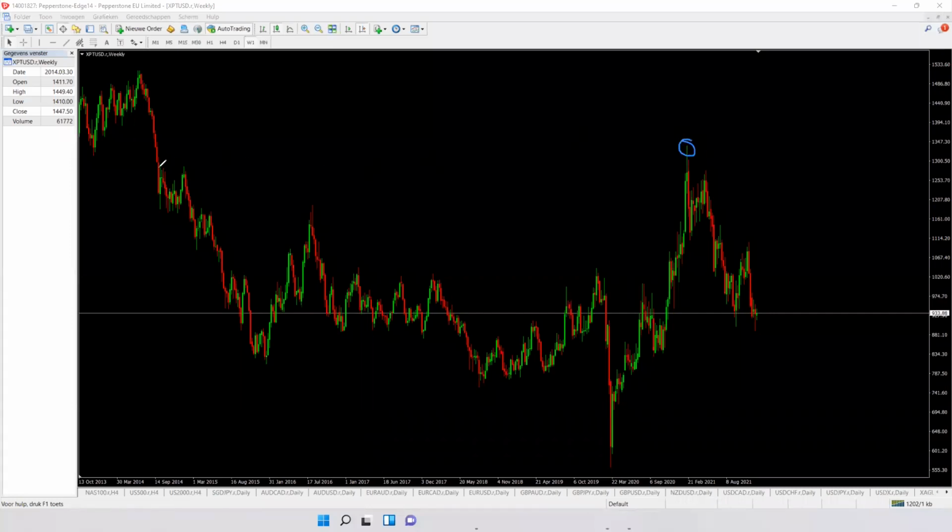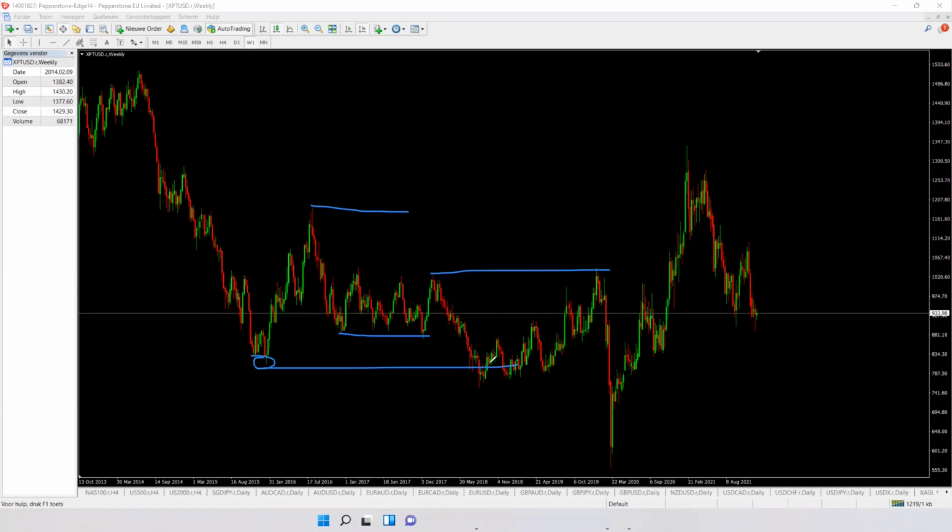And if we take a look at this spike, it took out 2 equal highs and then we fell down. Yes, this is in hindsight, but if you teach yourself to mark out these levels, so this one, and then when you see this range developing, and this one, and this key swing high, if you just mark those out and see how price reacts there, you can often see that you can get a bias.